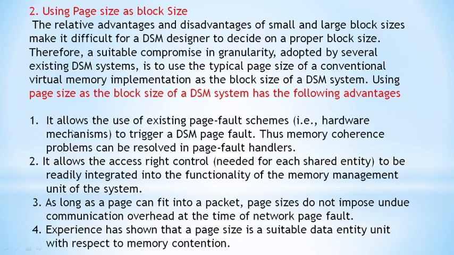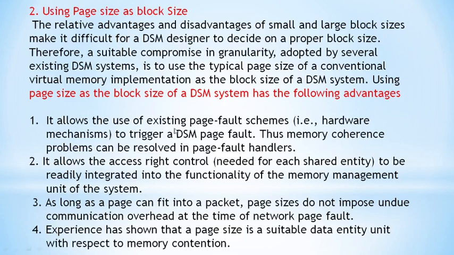First, it allows the use of existing page fault schemes. Already we have some schemes for page faults. So all those existing page fault schemes are used to trigger whenever there is a page fault in distributed shared memory.